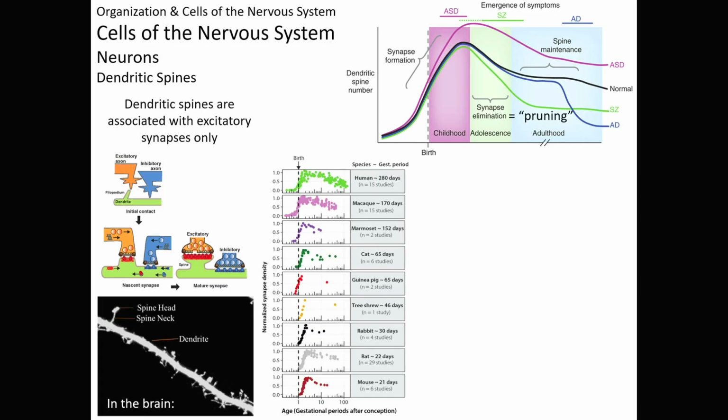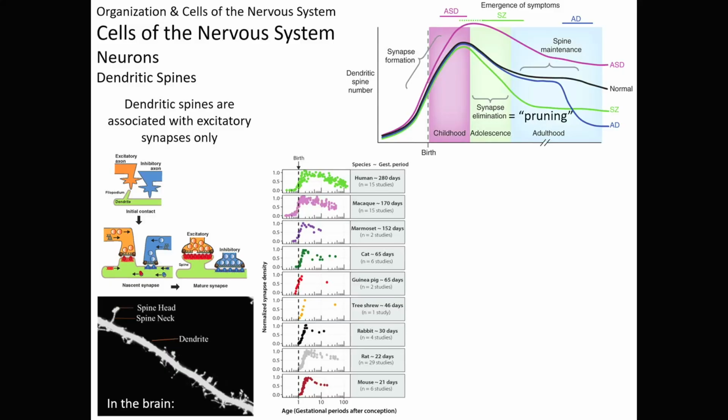They're showing us the number of dendritic spines as a function of age, but you'll notice that they've not put age in years, they've put age in gestational periods. So whatever the gestational period is, which is how long an animal develops in utero, they're plotting the data in that unit of time.